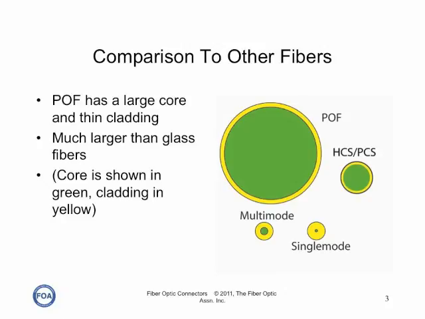A typical POF fiber, which we call a 1 millimeter fiber, has a core diameter of about 950 microns and a cladding outside diameter of about 1 millimeter. So it's much larger fiber.